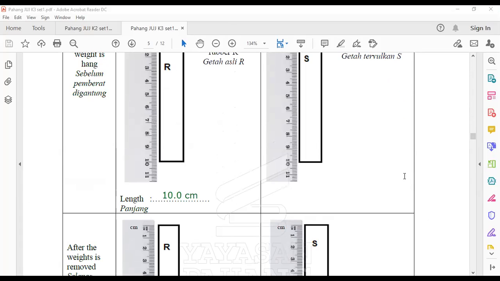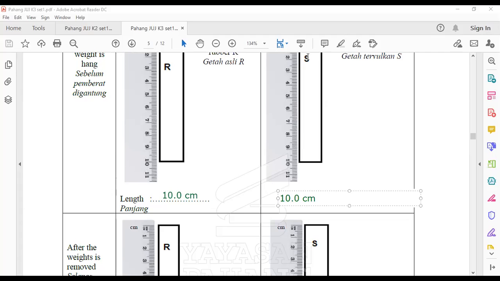Okay. Now, for the S, what is the initial length for the S? Here, initial length for the S, it is still 10.0 centimeter. If you don't put centimeter, it is wrong.